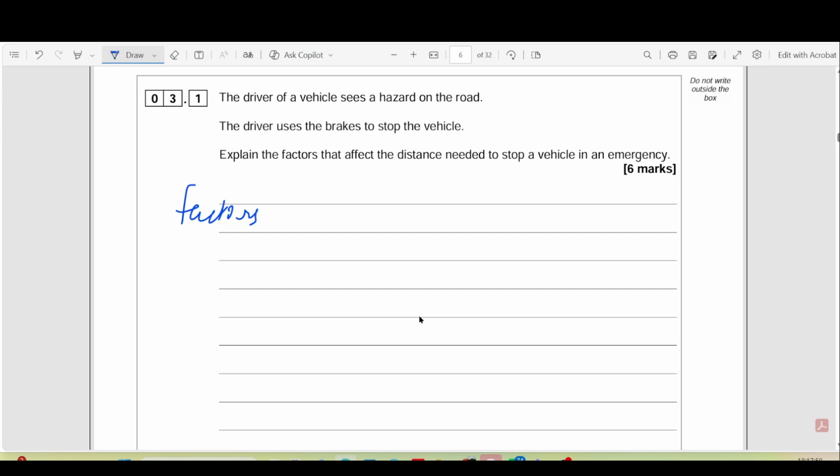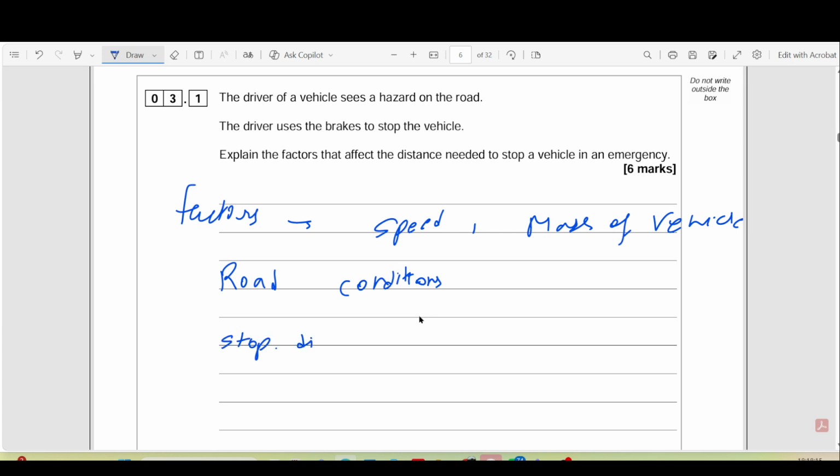Another is the thinking distance of the driver, on how long it takes for the driver to respond to the emergency.